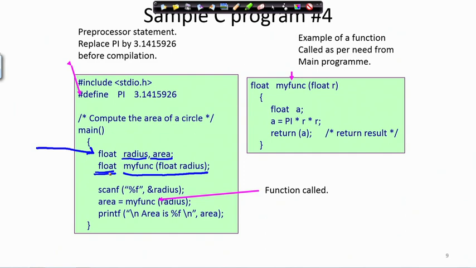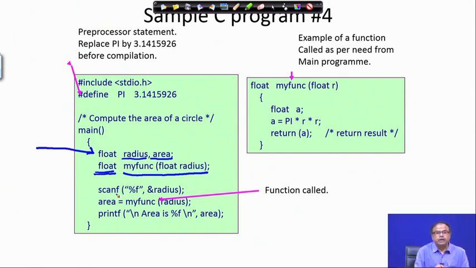Now, what have we done here? Scanf, you know that by now. Scanf is reading the value of some variable. How many? Looking at this, I find that it is one %f. So, only one variable is being read, and that variable is radius.